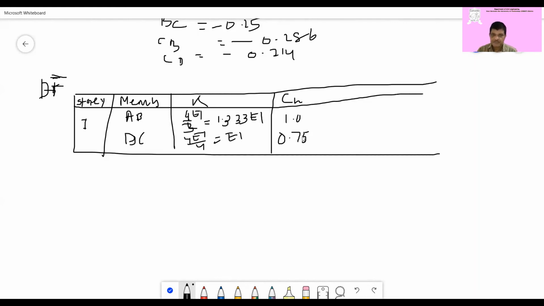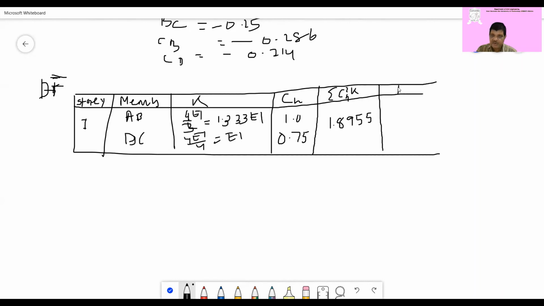Now you'll find the value of sigma Ch square into K. So it becomes: Ch square is 1 multiplied by 1.33, plus 0.75 square into 1. The value comes out to be 1.8955 for sigma Ch square K.